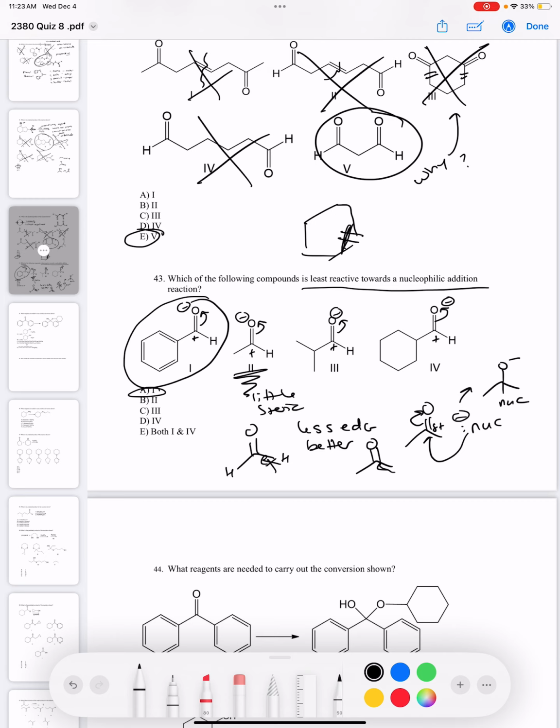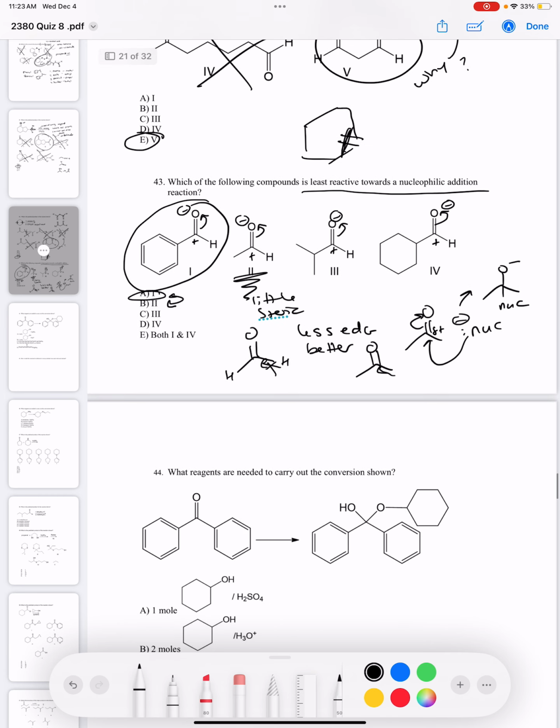So for me, it's down between A and B, and between A and B, I like A a little bit more just because I think that the resonance structure would stabilize that carbocation. But in general, I just want you to know that the less steric hindrance, the better.